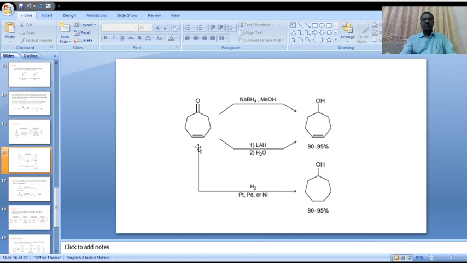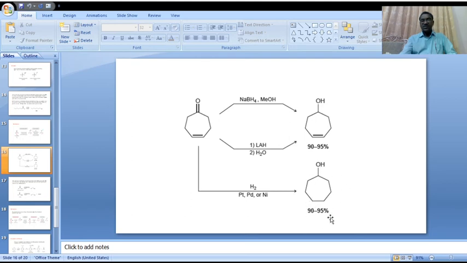Here the carbonyl functional group and the unsaturated pi bond in the cyclic ring are also reduced. In presence of this strong reducing agent, the two pi bonds are reduced: the C double bond O, and the unsaturation in the cyclic ring. Okay, finally we are getting this type of monohydric alcohol.